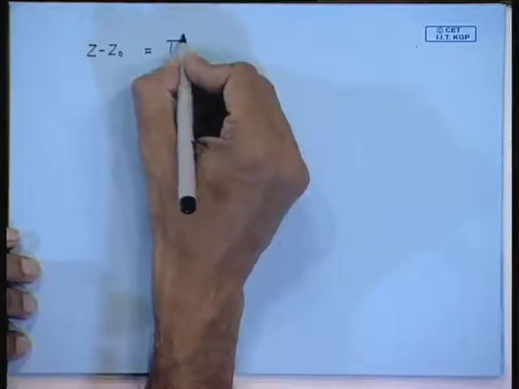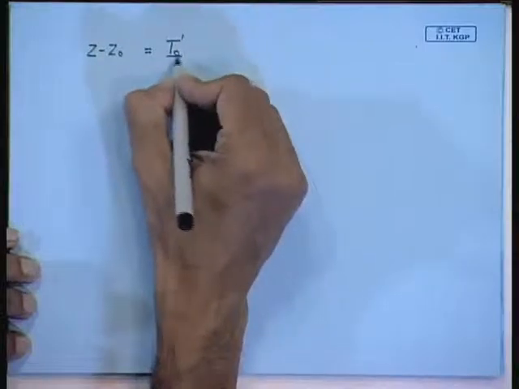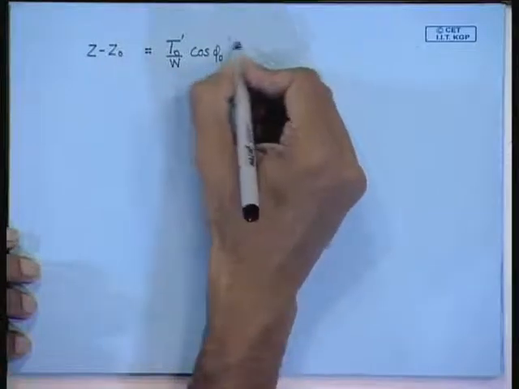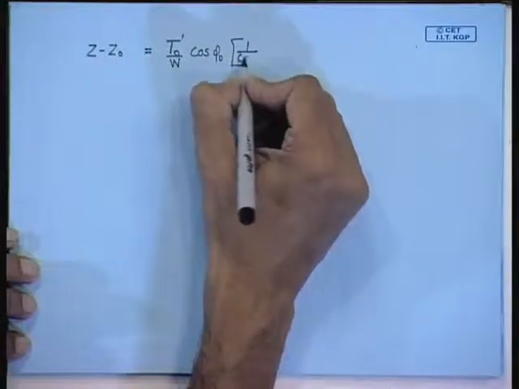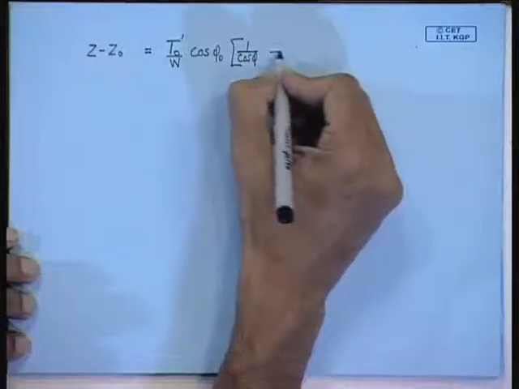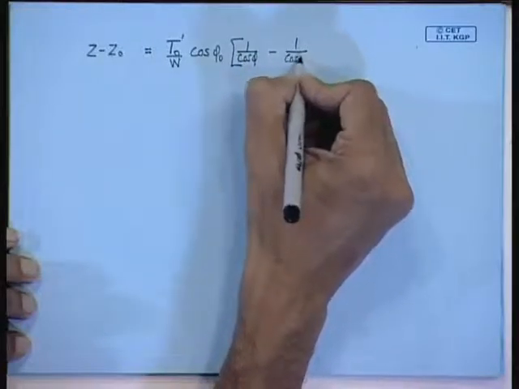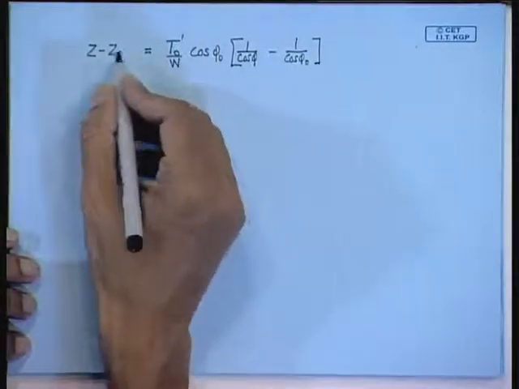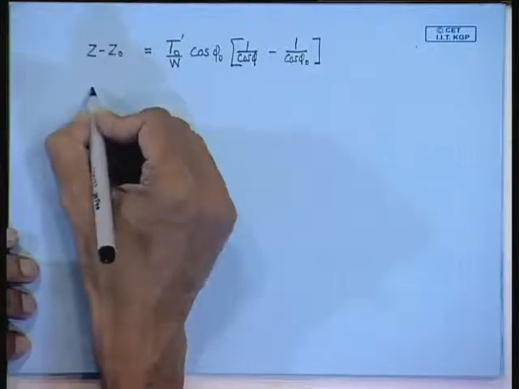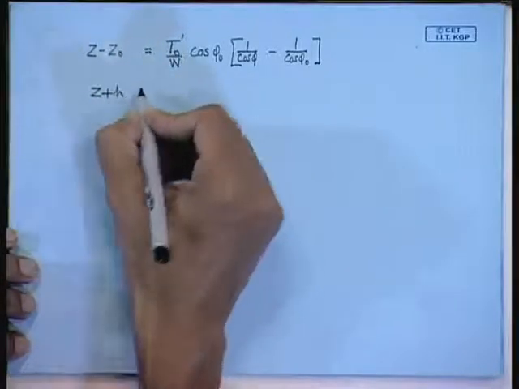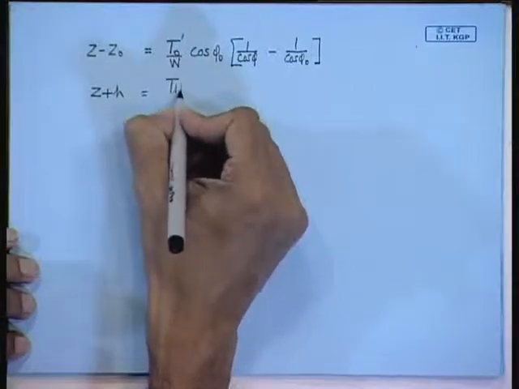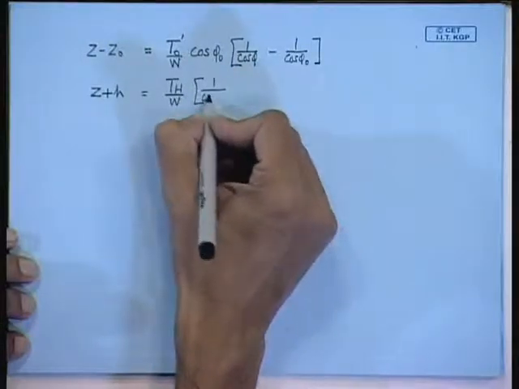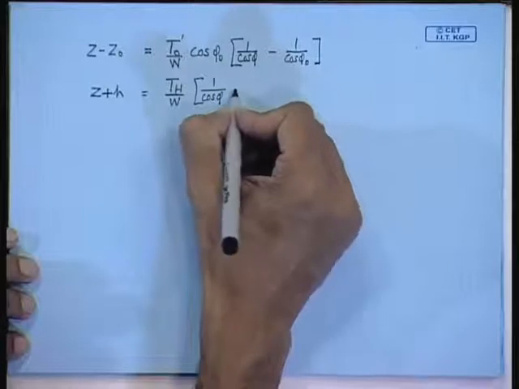So, this is T prime naught over w cos phi naught into 1 by cos phi minus 1 over cos phi naught. There is not much mathematics here. Since z naught is minus h, this becomes z plus h. So, z plus h is equal to T h over W multiplied by 1 over cos phi minus 1. So, up till now this is fine.